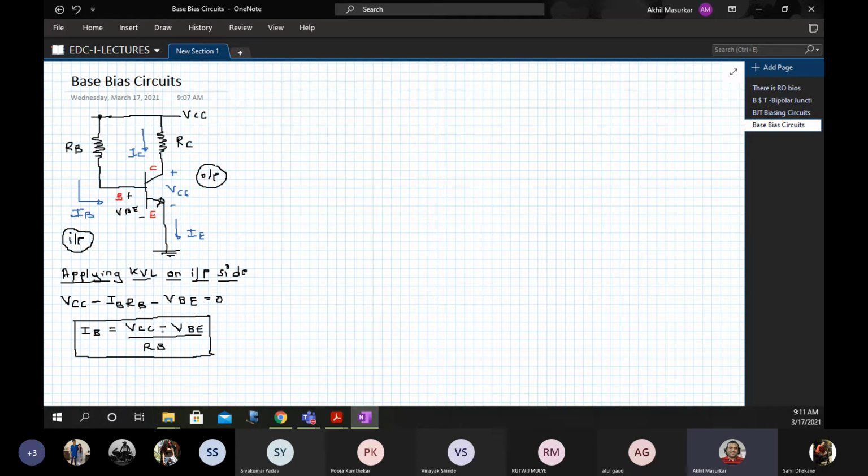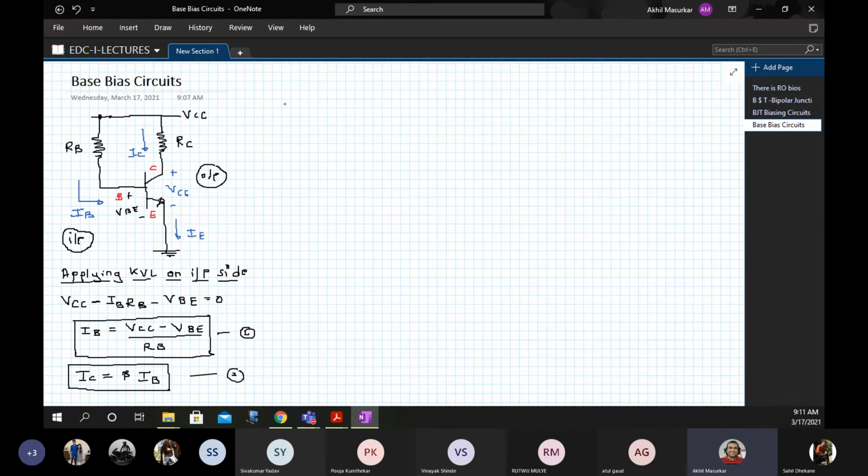So IB is VCC minus VBE upon RB, and we can simply write IC is equal to beta times IB. I'll call this equation 1 and this equation 2.